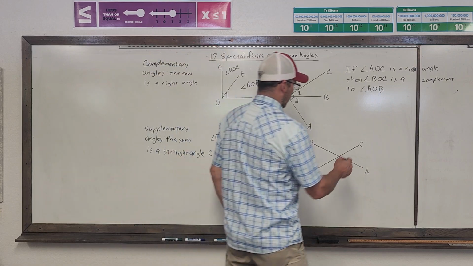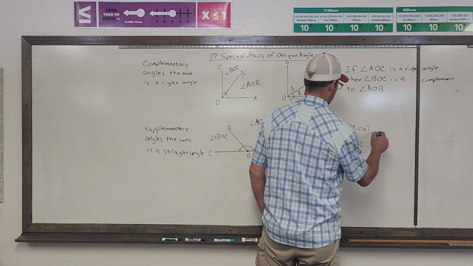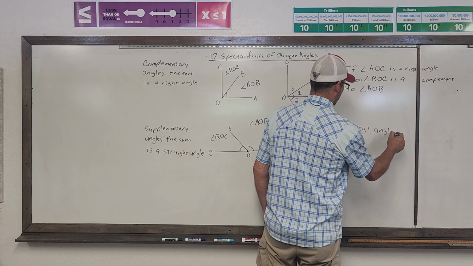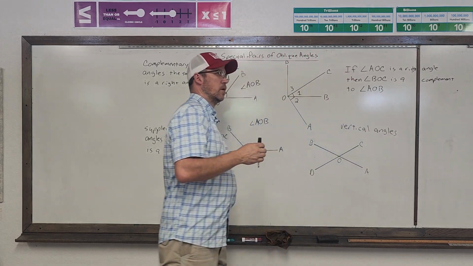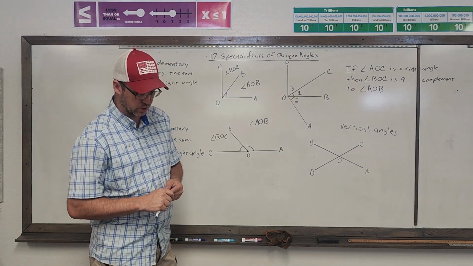Lastly, we'll talk about vertical angles. Vertical angles really are just talking about the location of two angles in relation to each other.